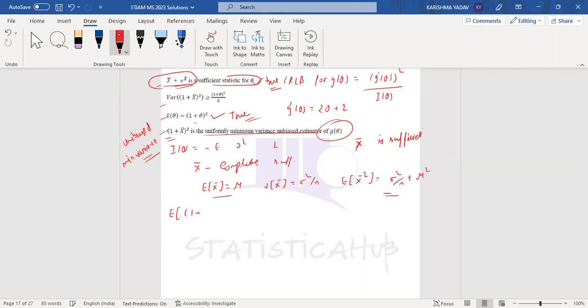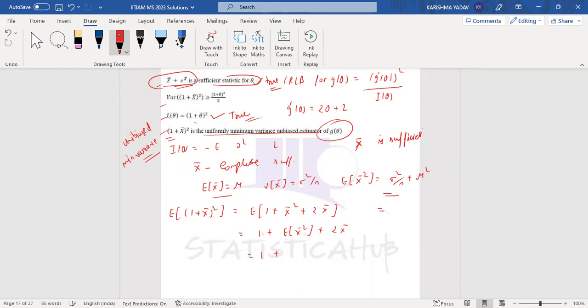So the expectation of 1 plus x bar whole square is the expectation of 1 plus x bar square plus 2 x bar. This equals 1 plus the expectation of x bar square plus 2 times the expectation of x bar. The expectation of x bar square is sigma square by n plus mu square.